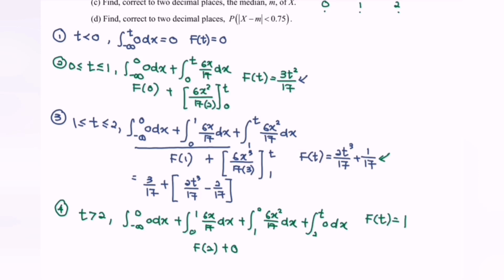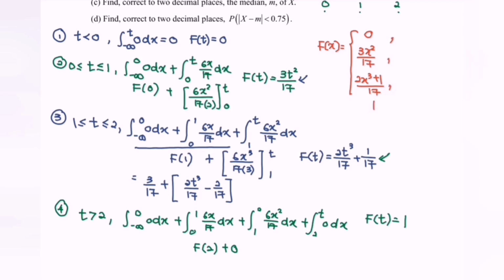Next, express the situation in a cumulative distribution function. For F(x), the first one is the function 0, followed by 3x squared over 17. The third one will be 2x cubed plus 1 over 17, and finally we have 1.